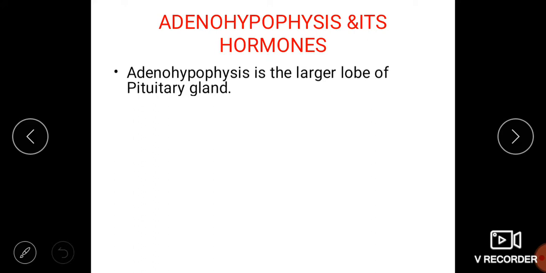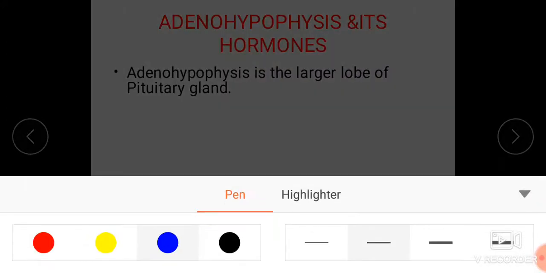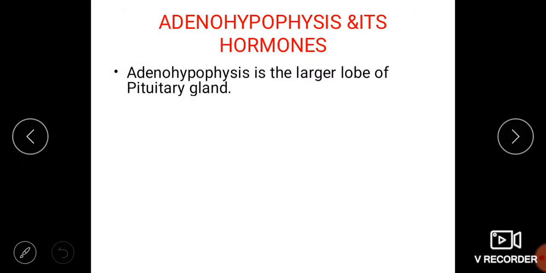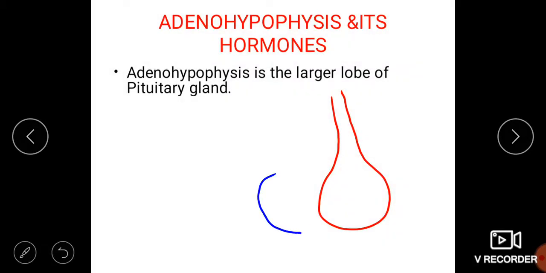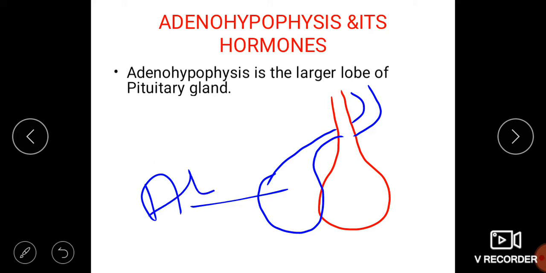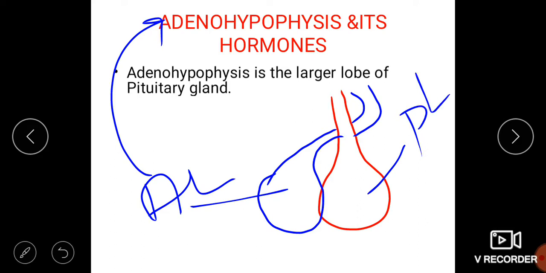Adenohypophysis is the larger lobe of the pituitary gland. This is the anterior lobe, also called adenohypophysis, and this one is the posterior lobe, also called neurohypophysis.